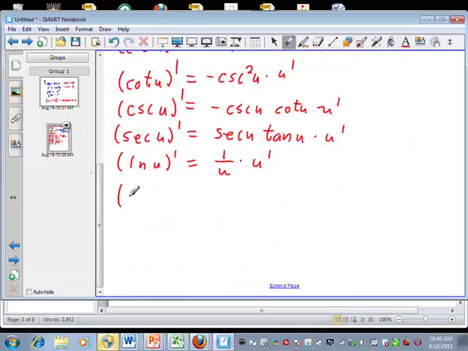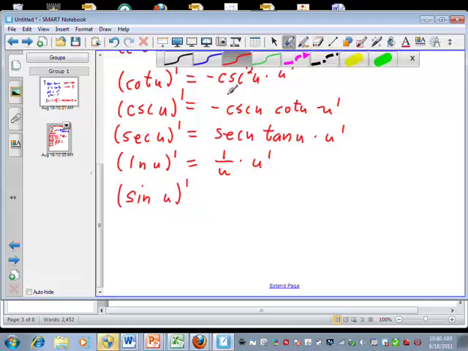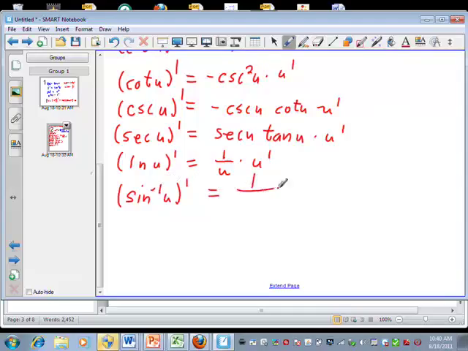So, inverse trig functions. The derivative of the inverse sine of a function, do you remember? 1 over the square root of 1 minus u squared times u prime. Perfect. The inverse cosine? Right, it's the negative of this.